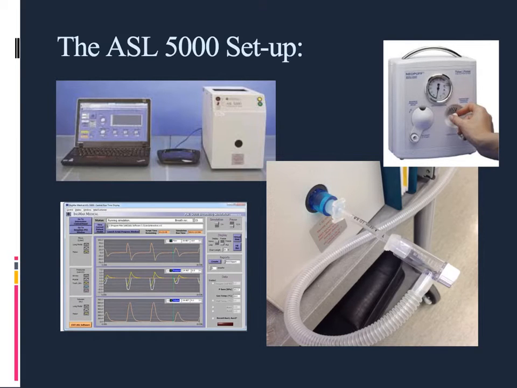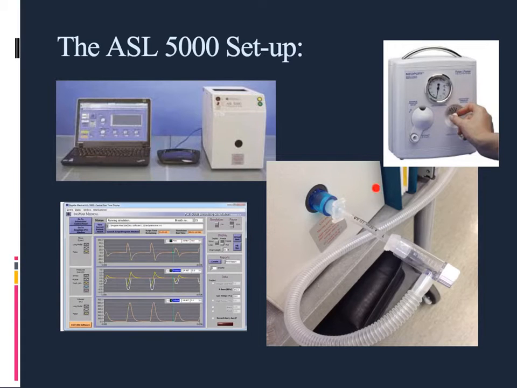So you can actually create very realistic lung models by using this. And it has a driving screen where you can set all these elements up, and you can watch the pressure, flow, and volumes delivered to the ASL5000. So it's a really precise tool.